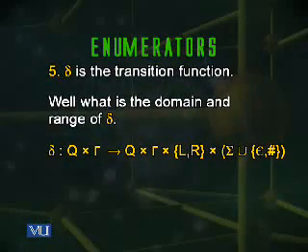So delta, the transition function for an enumerator, is a function from Q cross gamma to Q cross gamma cross {L, R} cross (sigma union {epsilon, hash}). So this is the complete specification of what an enumerator is.